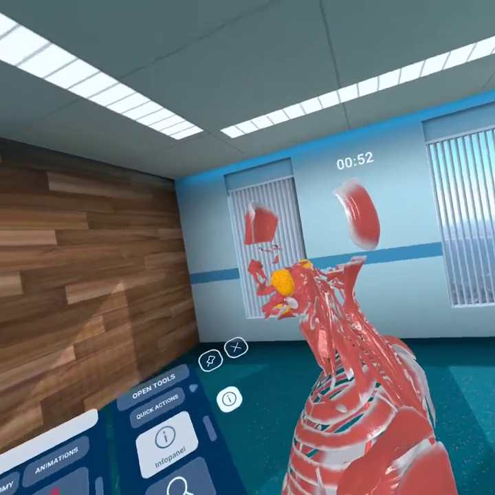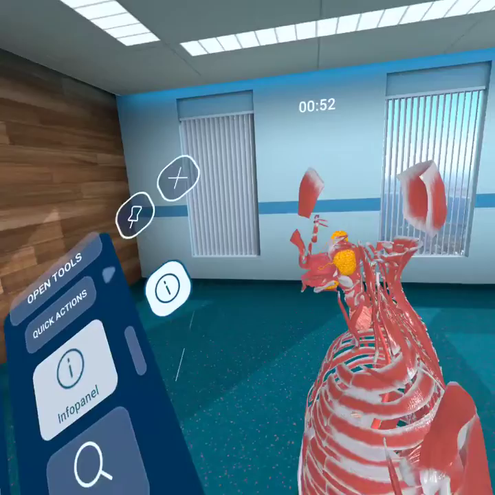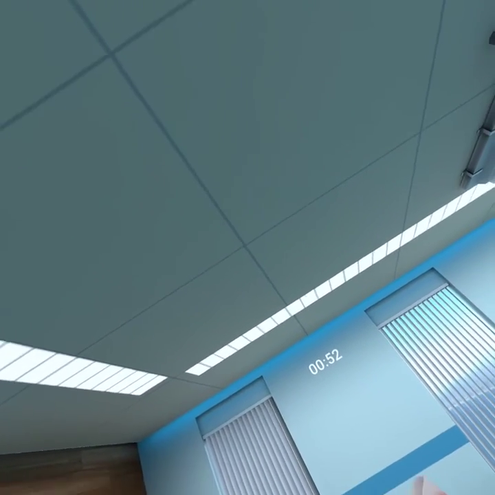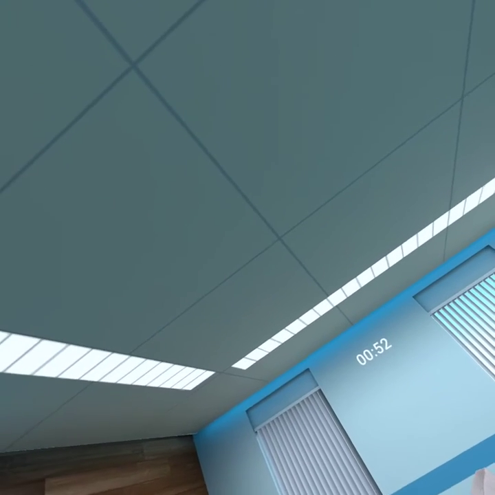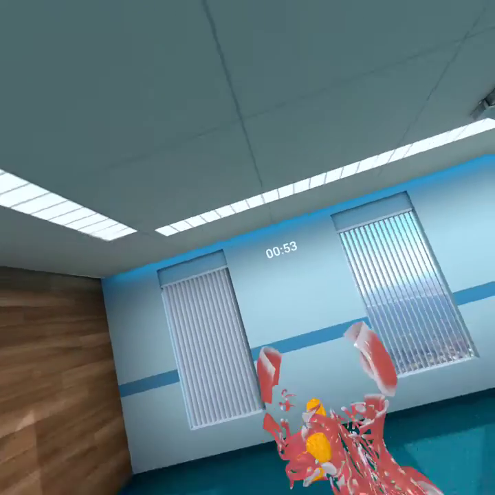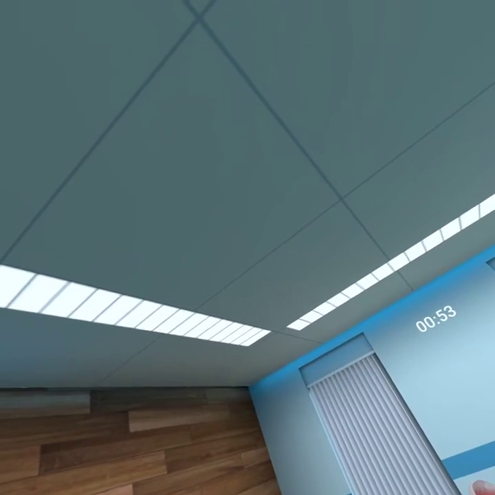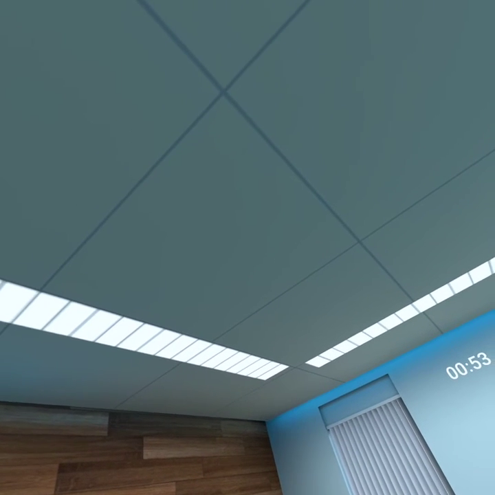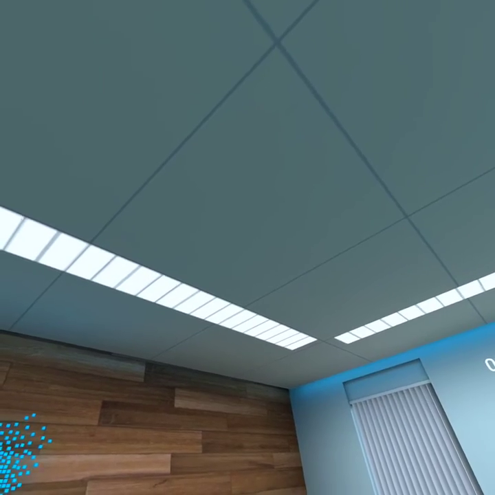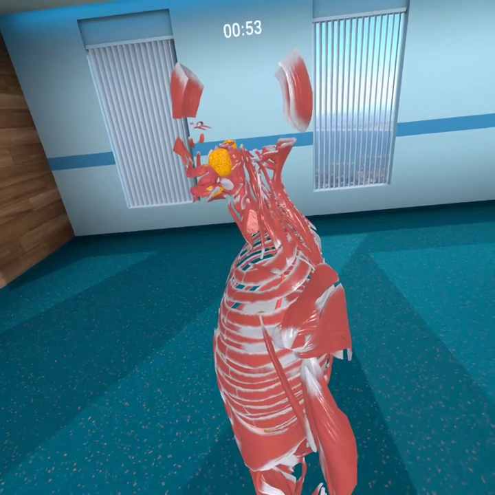Another one that she pointed out was, let me see, double check, escaped my mind. The salpingopharyngeus. So I could not find the salpingopharyngeus in there.